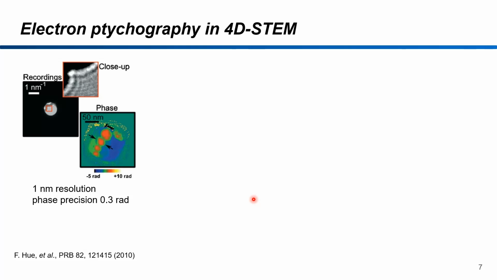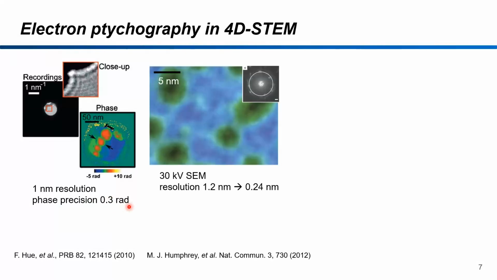So at the earliest stage, electron ptychography was first applied to measure the electrostatic potential around these nanoparticles, and the spatial resolution was like 1 nanometer with phase precision of only 0.3 radians.